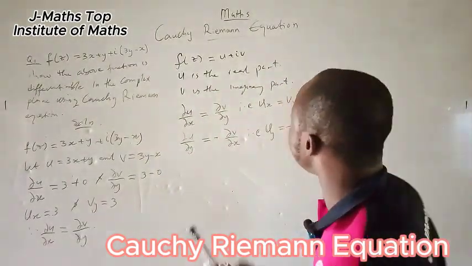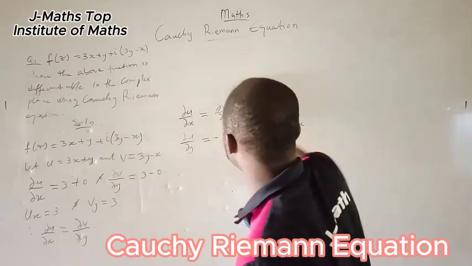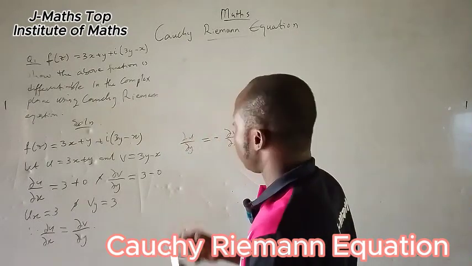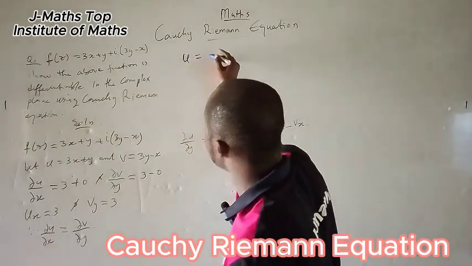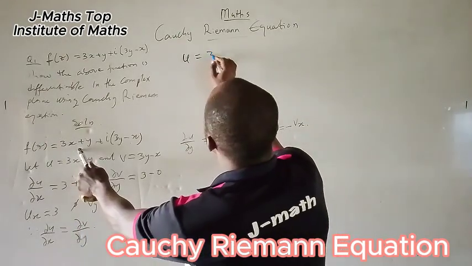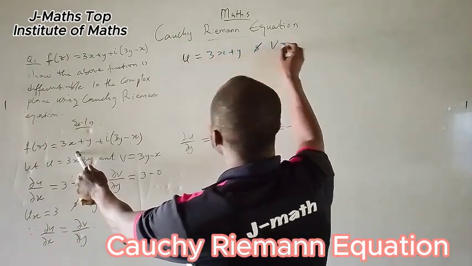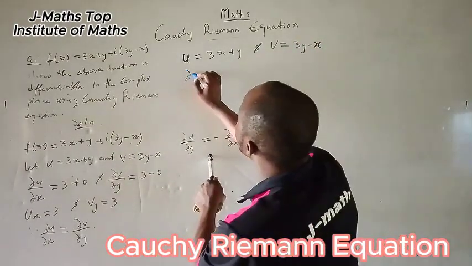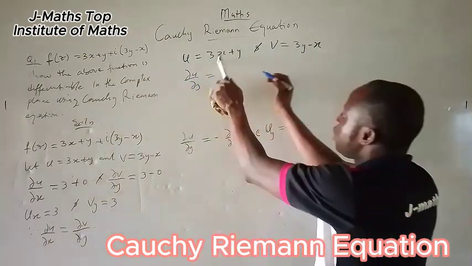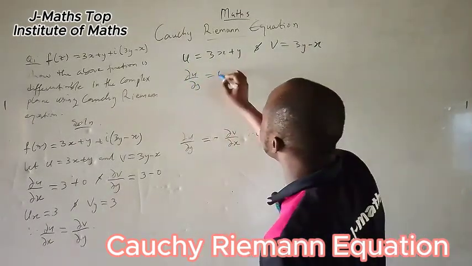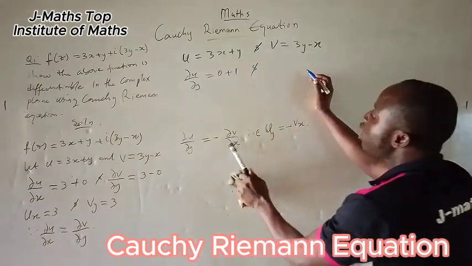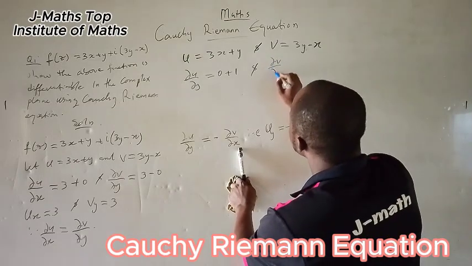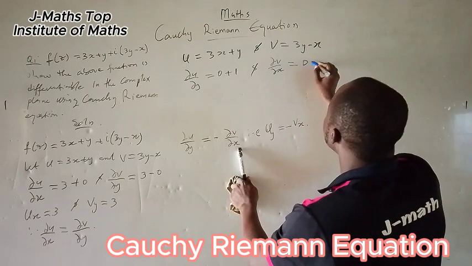Now u is equal to 3x plus y, and v is equal to 3y minus x. du dy is equal to 0 plus 1, and dv dx is equal to 0 minus 1.